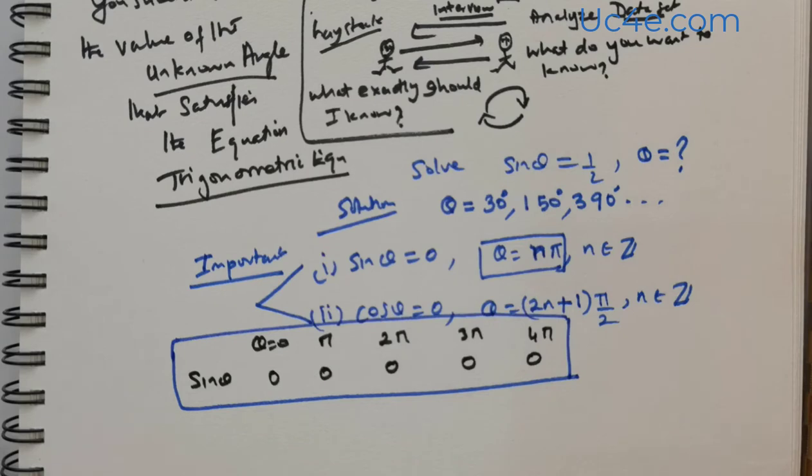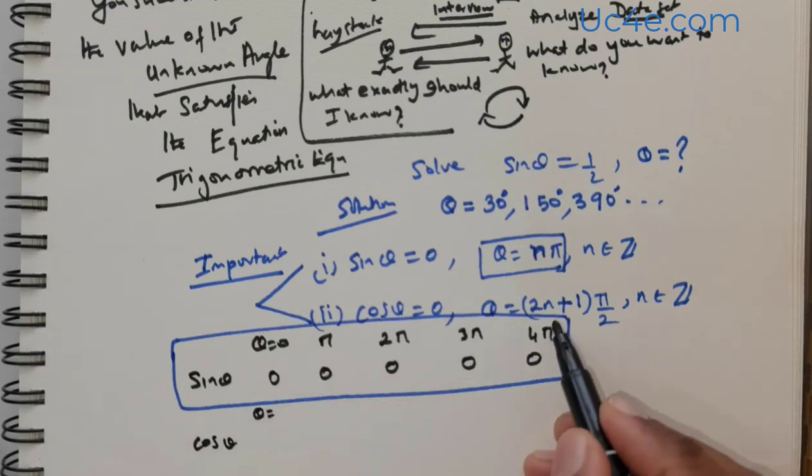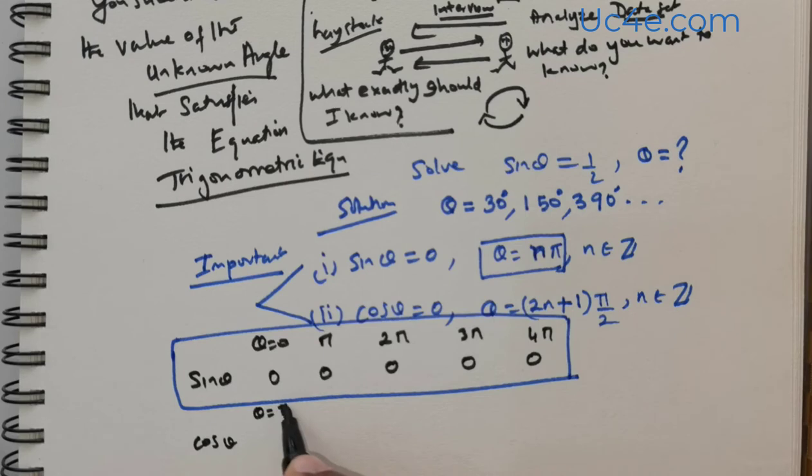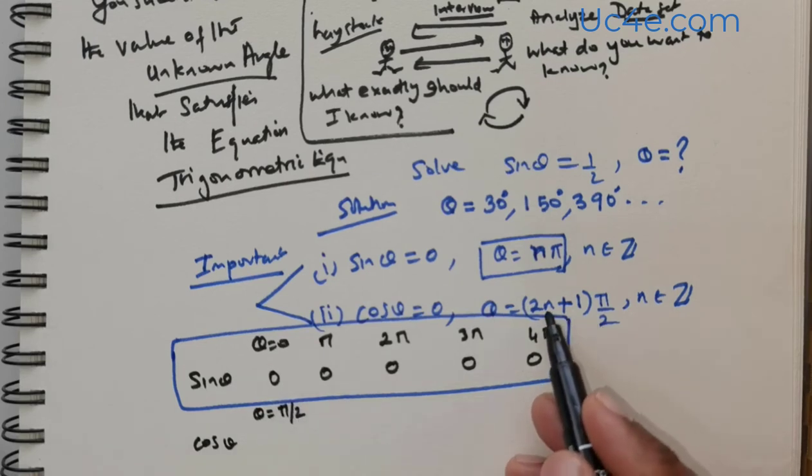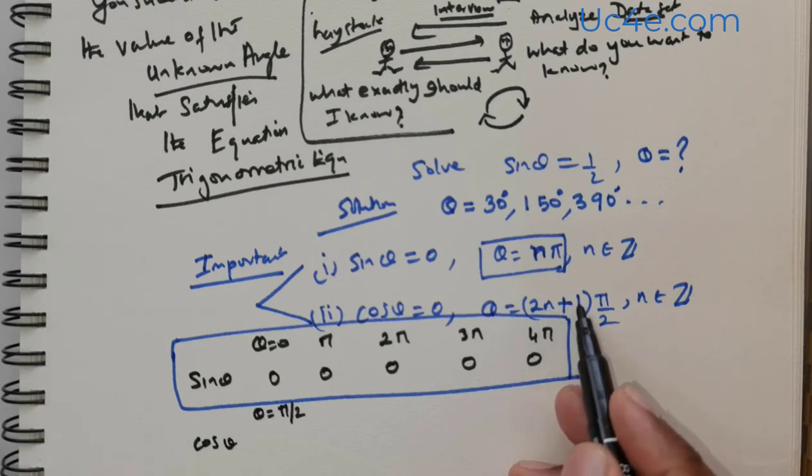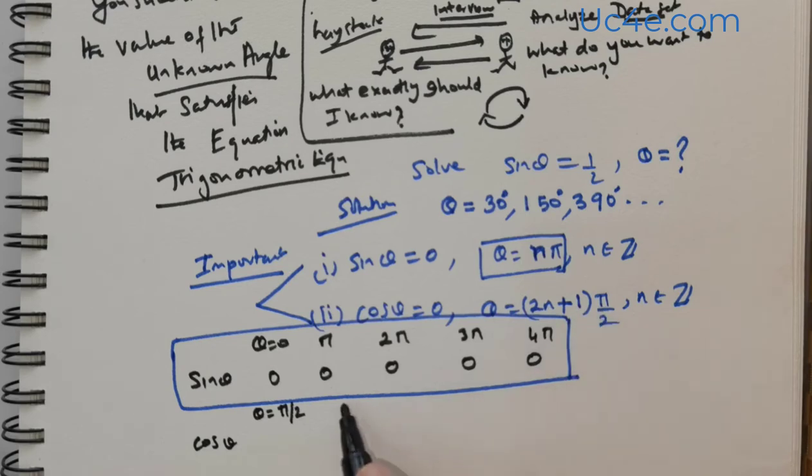Now if you were to take the value for cos theta, and theta is equal to, in this case I take n equal to 0, the first value that I would get is pi over 2, and then n equal to 1 gives me 2 times 1 plus 1, 3 pi over 2.